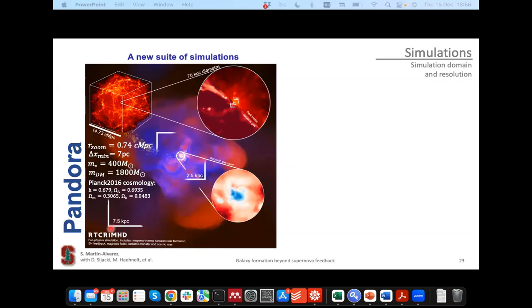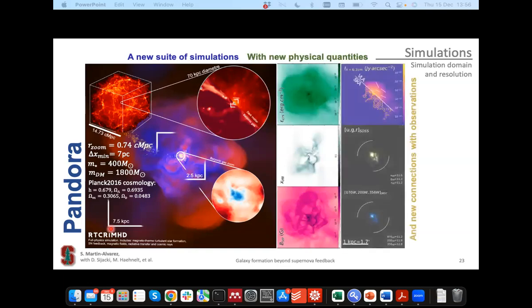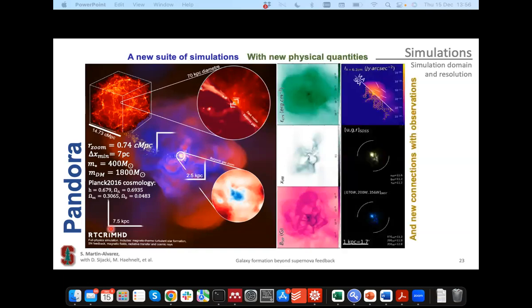In general terms, the zoom is again fairly large, about 0.7 megaparsecs in radius, so a bit larger than that. For a fairly little dwarf that we resolve with about 7 parsecs per cell, full cell size, and then a stellar mass of 400 solar masses for the dwarf. So once we simulate this, we get a few new physical quantities in terms of magnetic field and the cosmic rays.